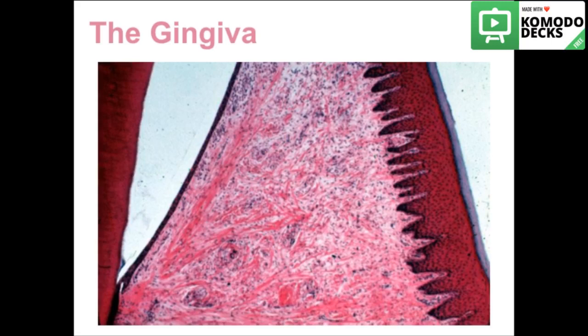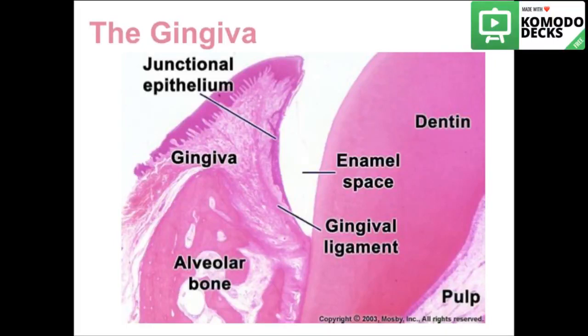On the other side is the junctional epithelium, which is a very thin non-keratinized epithelium binding directly to the enamel. Again, junctional epithelium, sulcular epithelium, and the gingival thick keratinized epithelium.